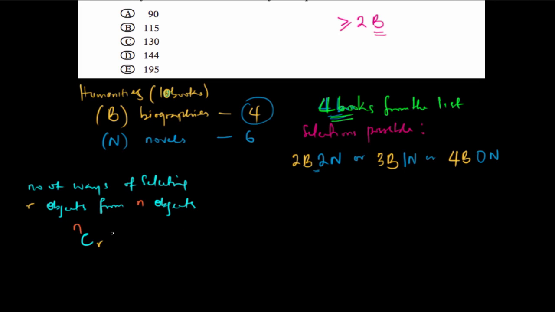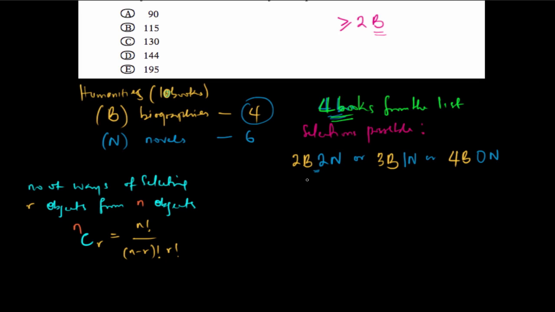And this is interpreted as n factorial divided by n minus r factorial times r factorial.